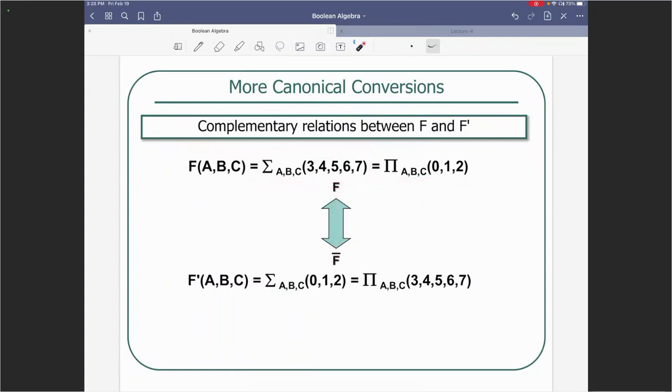So if you have SOP for f, the SOP for f complement is going to be complementary. 0, 1, 2 goes there, 3, 4, 5, 6, 7 goes there. And the same thing applies even over here. So there are two complementary relationships. One is for SOP versus POS, in other words, min terms and max terms. The other complementary relationship is in the function itself, f and f complement.